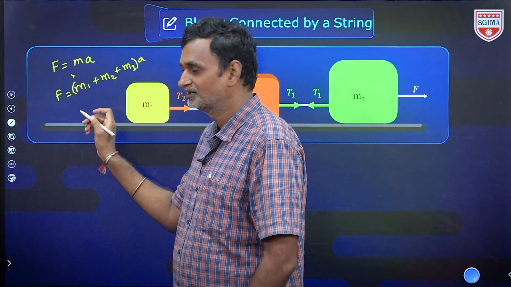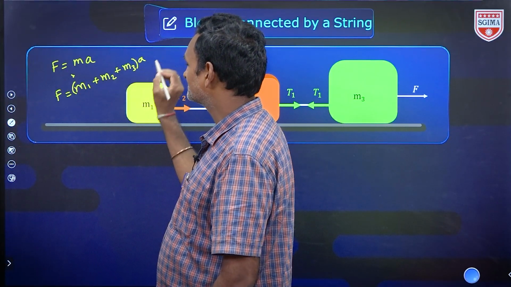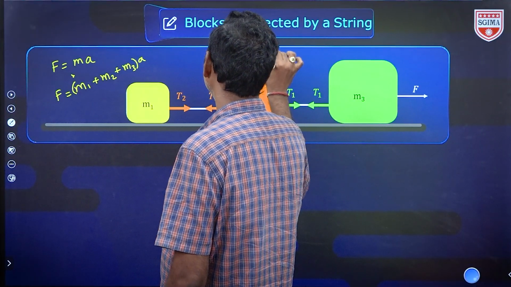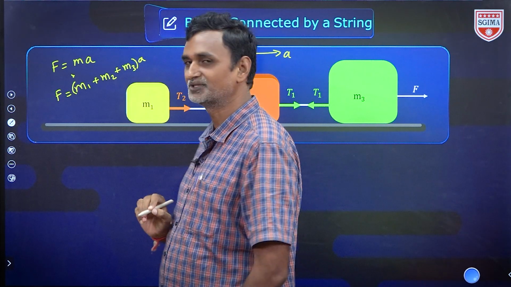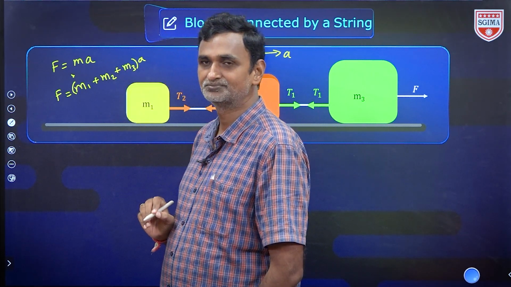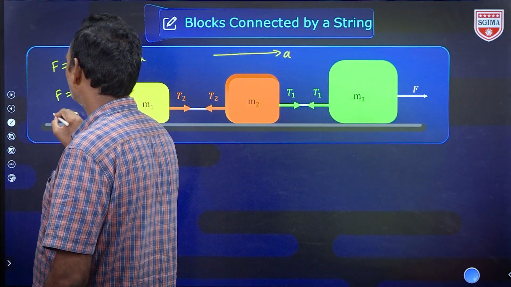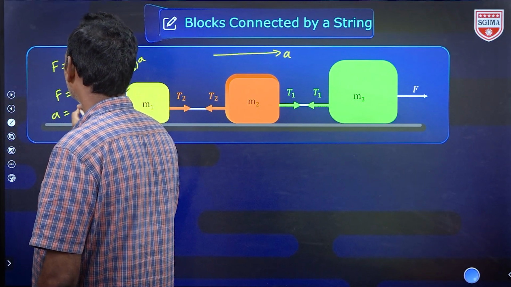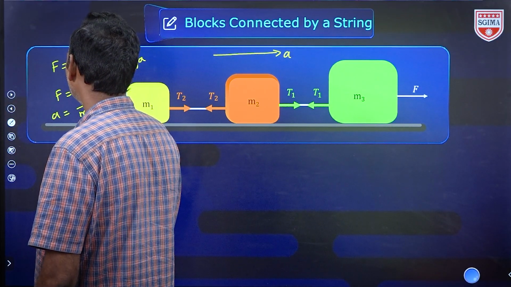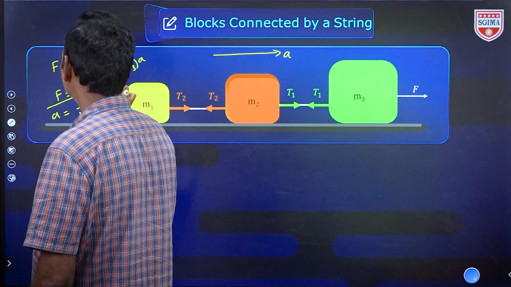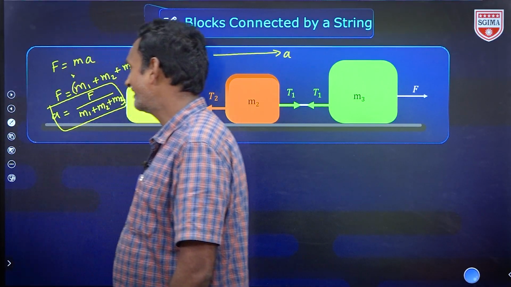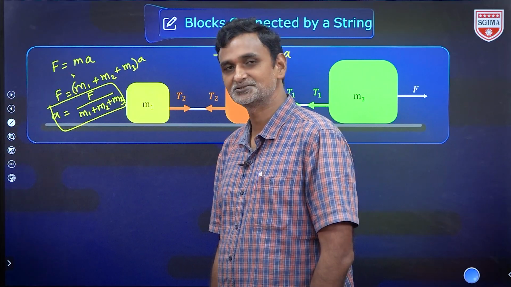Once again, F equals m1 plus m2 plus m3 into acceleration, since the total system is moving right side with an acceleration a. Then acceleration a equals F upon total mass, m1 plus m2 plus m3. This is the total acceleration of the system of bodies.